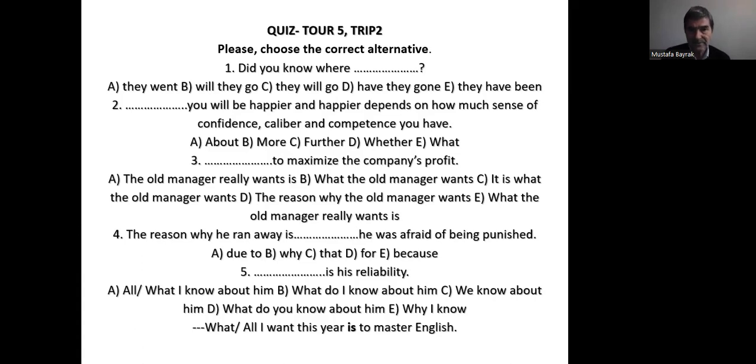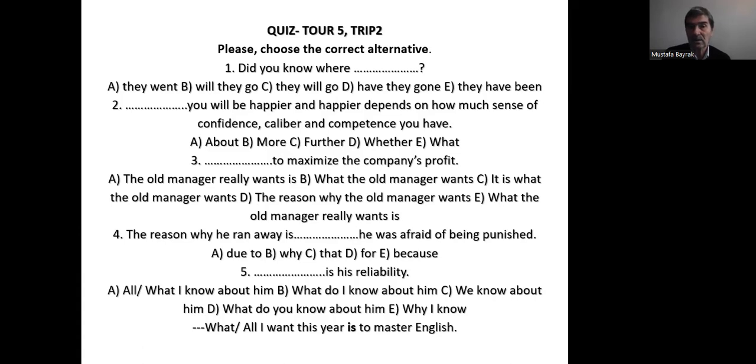Okay, the fifth one is his reliability. Is his reliability... all or what I know about him? Yes, this may be true. Yes, I think this is the correct one. All I know about him is his reliability. What do we know about... no, we can't ask a question.